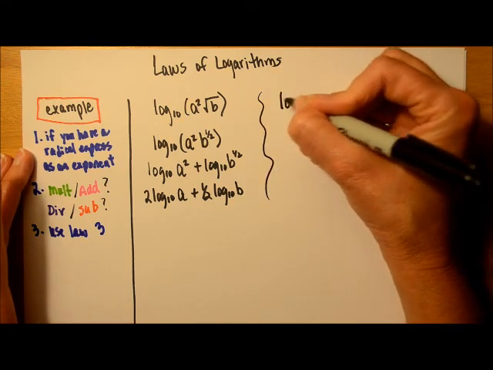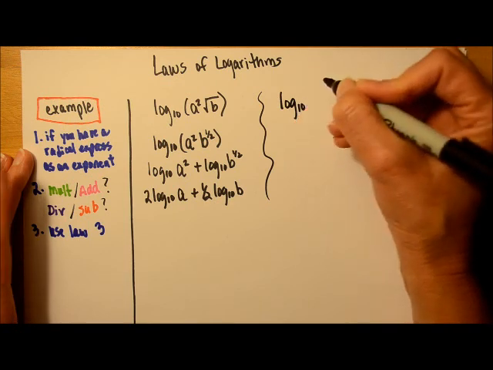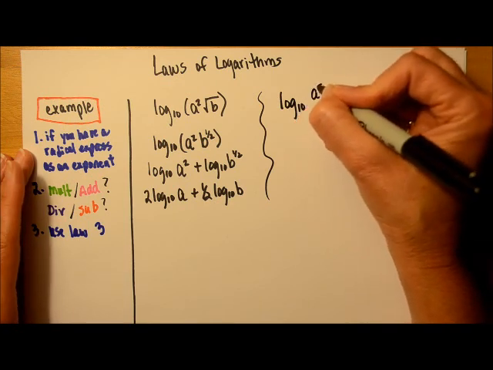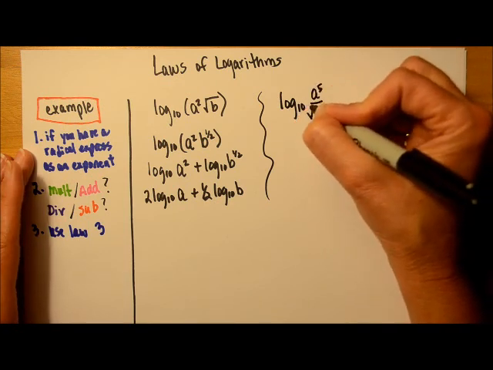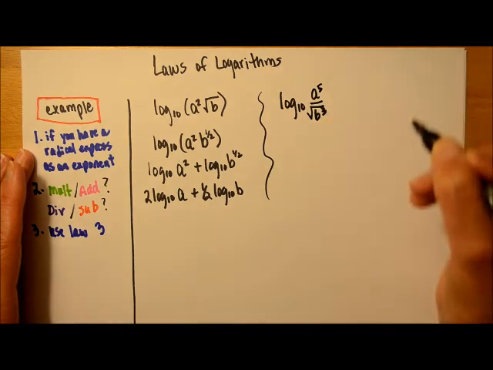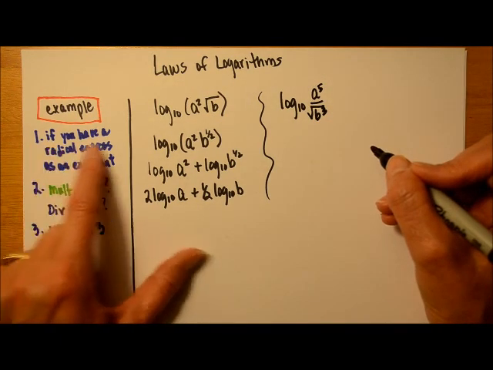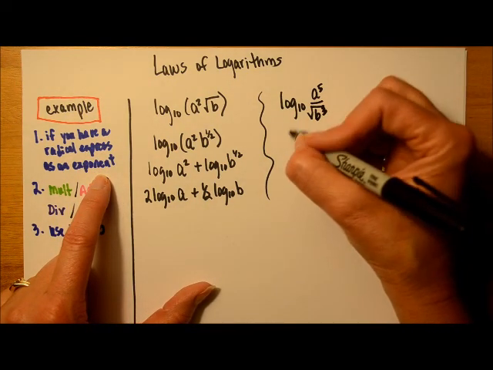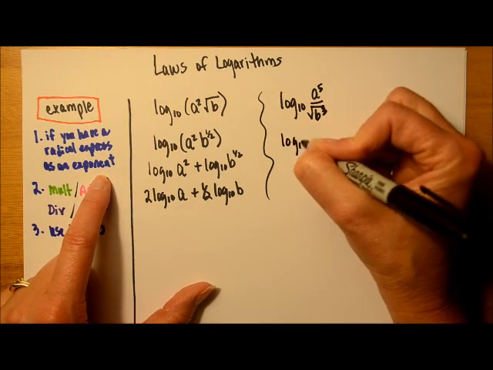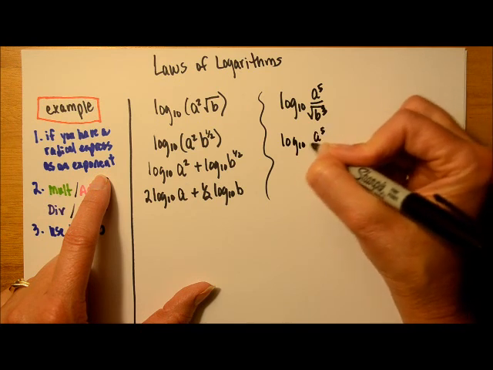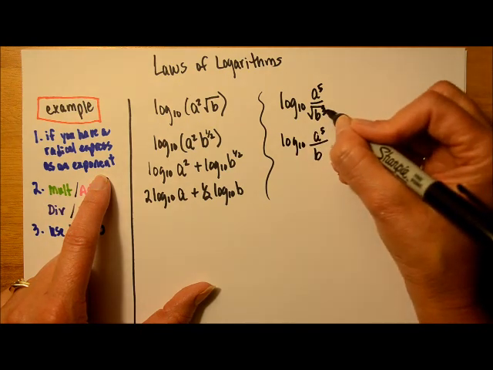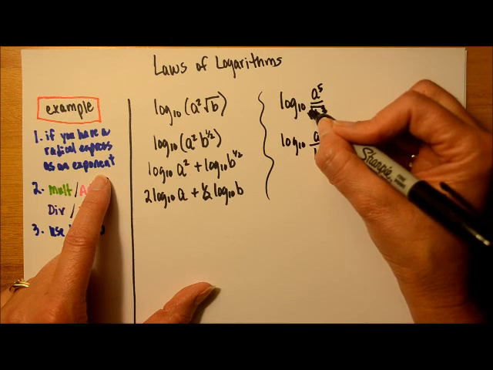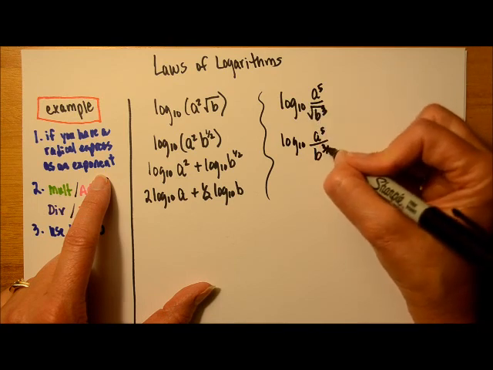Log base 10 of a to the 5th over the square root of b cubed. Okay, step 1: if you have a radical, express it as an exponent. I have a radical, so I need to express it as an exponent: b to the 3 halves, right?